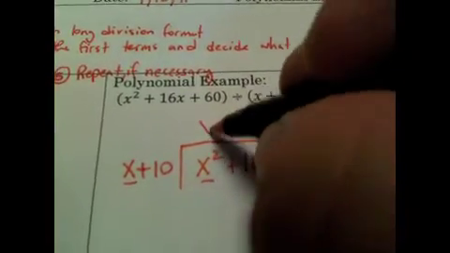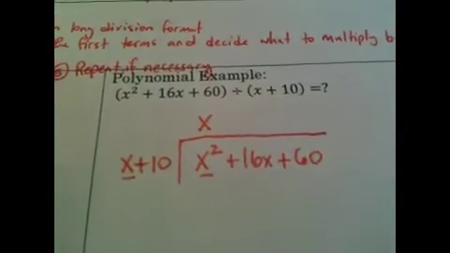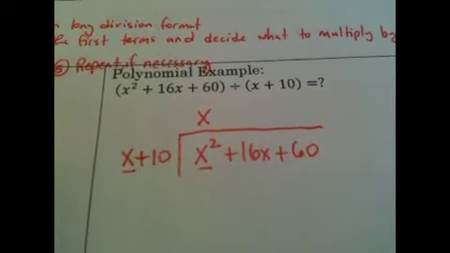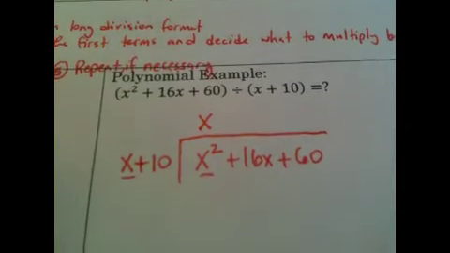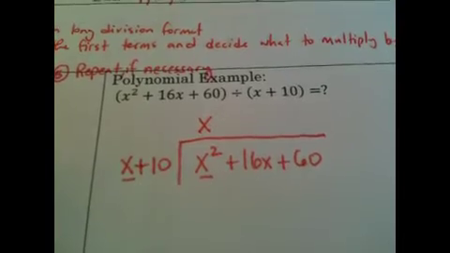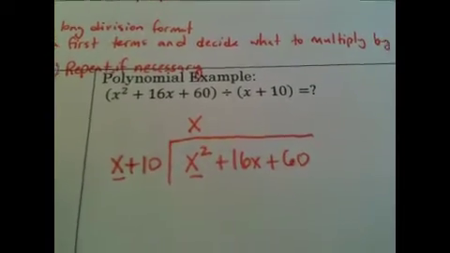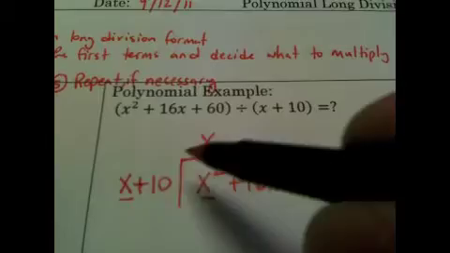The answer is I would multiply by another x, because x times x equals x squared. That's the key component that you've got to understand with this long division stuff. Step 3 says once you figure out what to multiply by, you actually do the distribution.